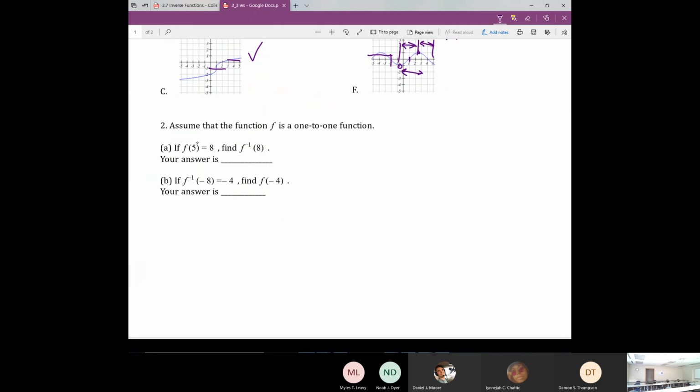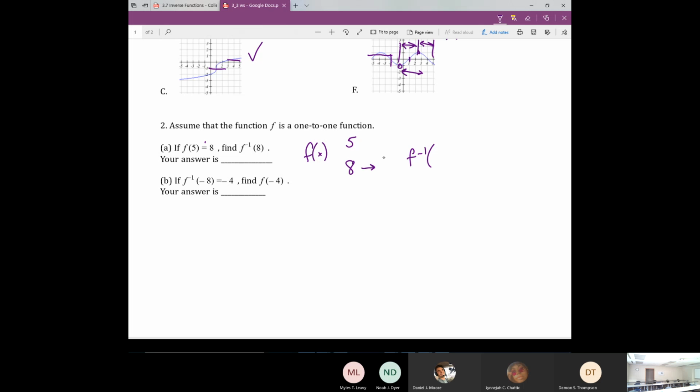Even without a table, I know that if f of 5 equals 8, given an input 5, I get an output of 8. This is my f. I know that the inverse function, just like my little beginning diagrams, f inverse of that output is going to give me back my original x.